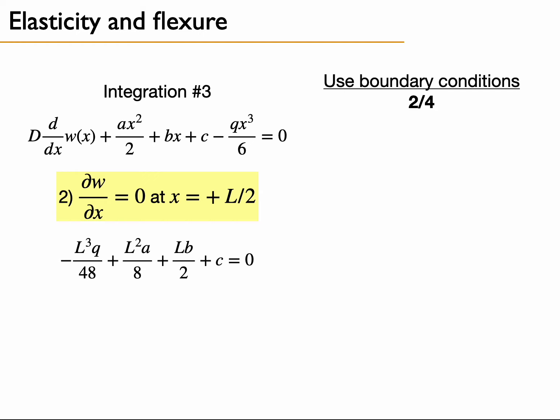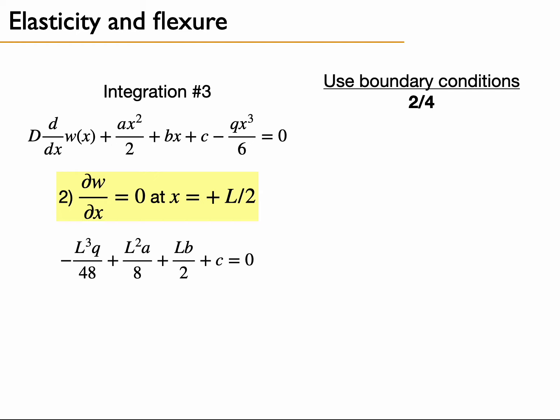The second step is using dW/dx equals 0, but this time at the coordinate x equal plus L divided by 2. And you will obtain this equation, only the sign changes here. So we have a second equation. It's still using integration step number 3.